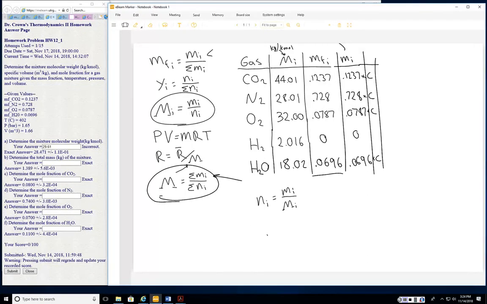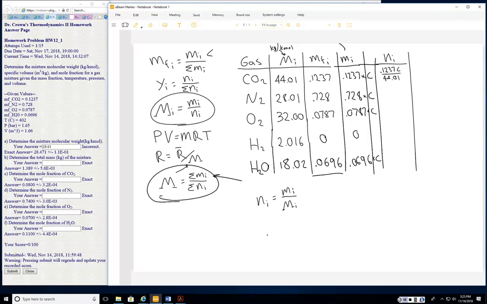So I can make a column that's Ni, and if I do that, I'll have Mi divided by the molecular weight. So I'm going to have 0.1237 C divided by 44.01. And likewise do that for each.